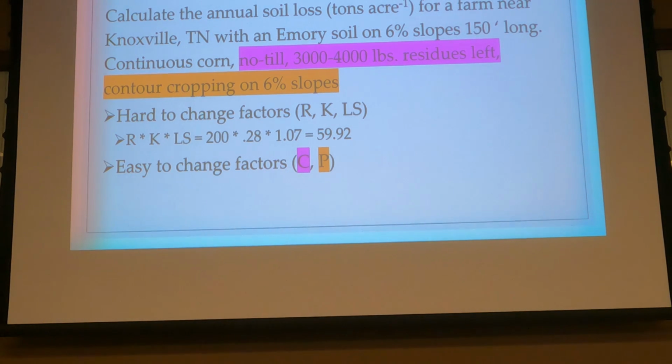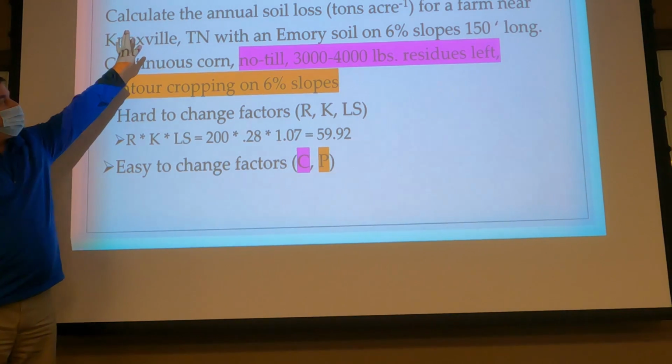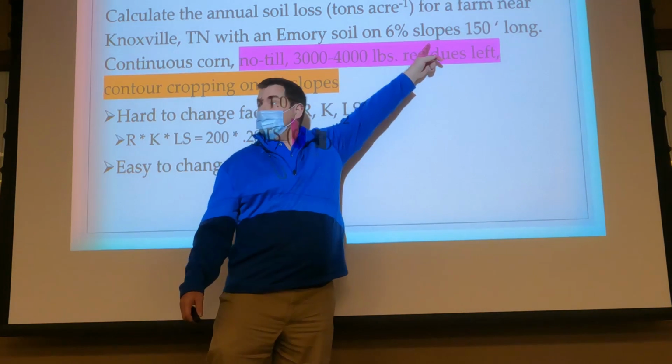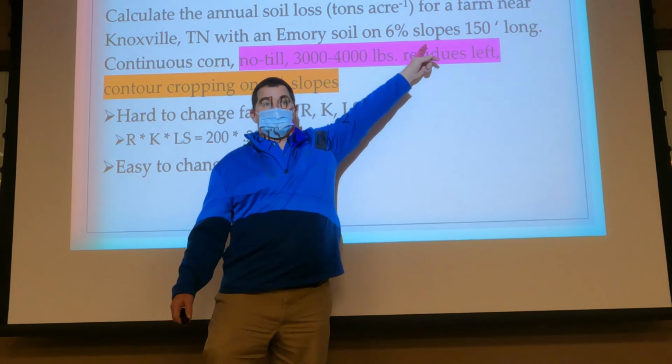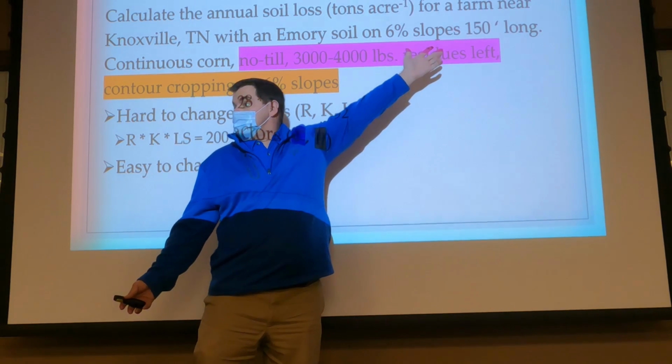All right. So the hard to change factor is where we are, the soil type, the length of the slope, and the steepness. You can't change that.